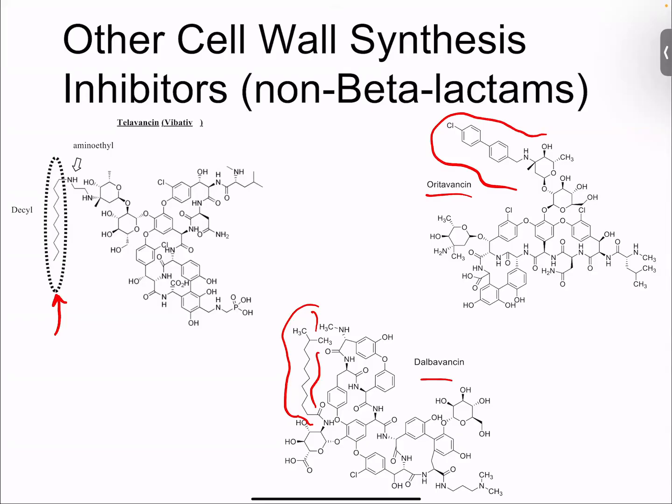And then the rest of the molecule is just hanging around, probing, looking for that D-alanine side chain to anneal to, to inhibit then cell wall synthesis. Right? So mechanistically identical to that of vancomycin. These side chains have affinity, I believe, for albumin. They stick to albumin quite tightly, and they slowly dissociate from albumin. So that's a component, perhaps, as to why they have such long half-lives as well.